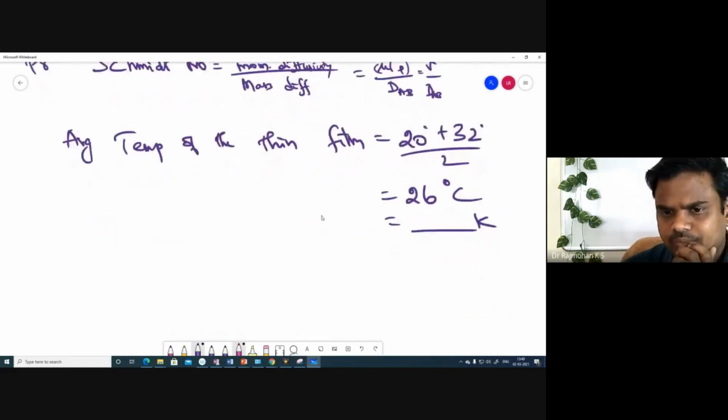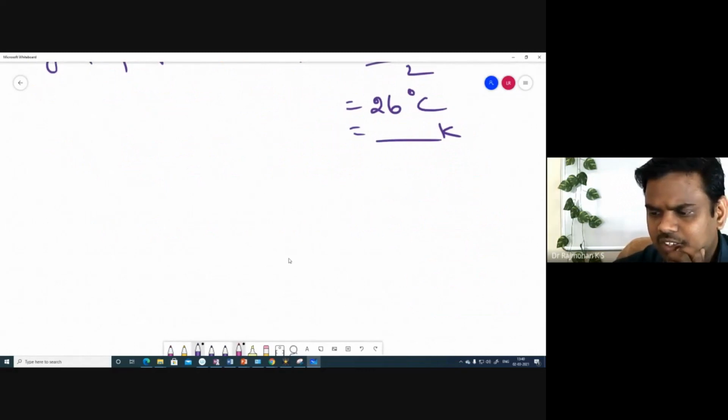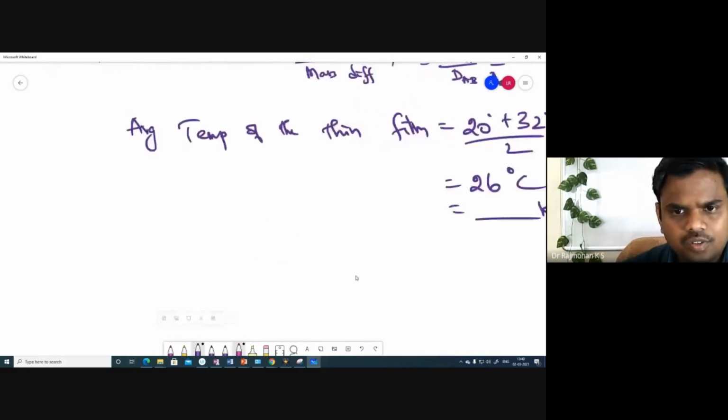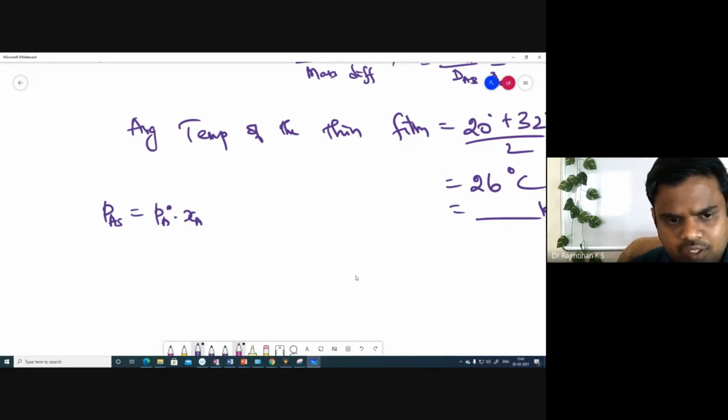Now data are also given. Please refer to the data given. From the data we have PAS, PA at the surface. PA at the surface is equal to PA naught into XA, where PA naught is the vapor pressure. So at the surface, what is the temperature? At 20 degrees Celsius, right? Similarly, at 32 degrees Celsius, we have PA infinity.